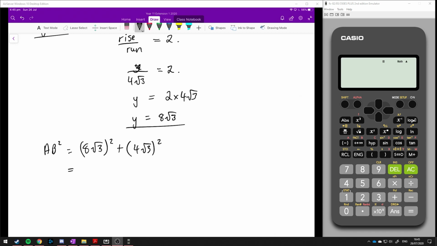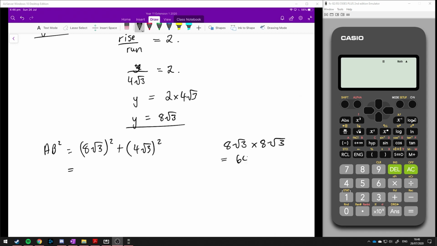So 8 root 3 times 8 root 3. What we're going to do is multiply the numbers first.